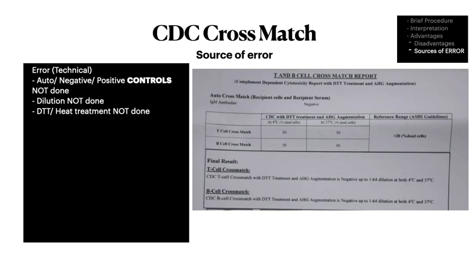So what are the different sources of error? One is that we need to keep auto control, negative and positive controls, and if this is not clearly done, when there's a technical error you don't find it out. Unfortunately, some labs don't report all of this, so you really don't know whether the control was working well or not. Dilution is also essential, because once you do a dilution, two things can be advantageous.